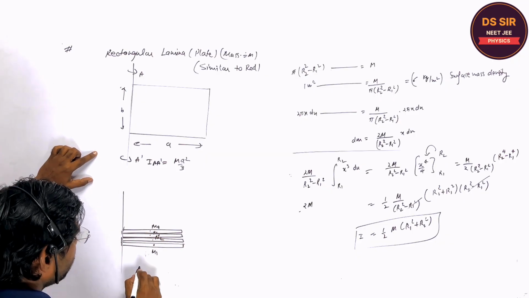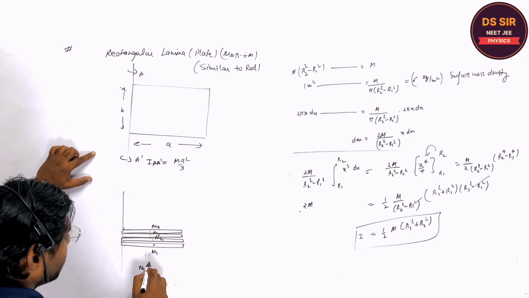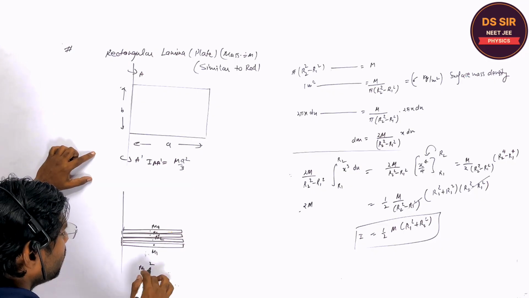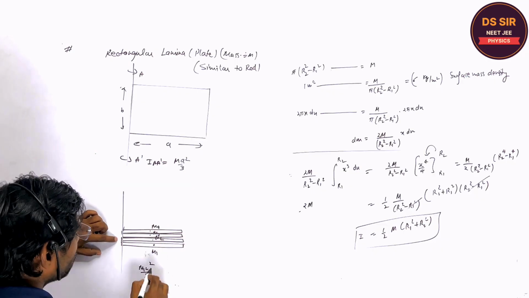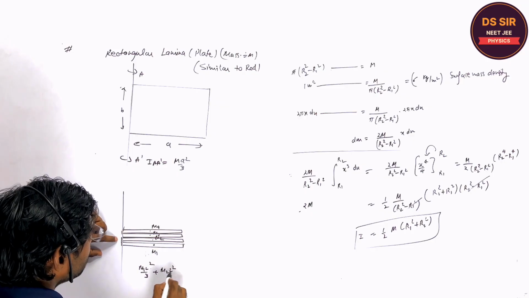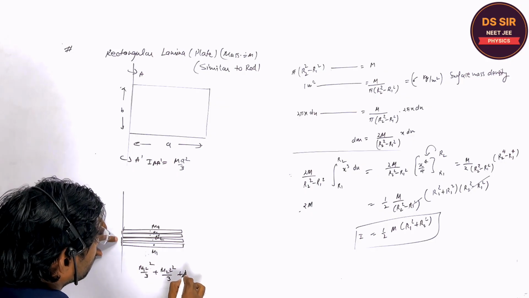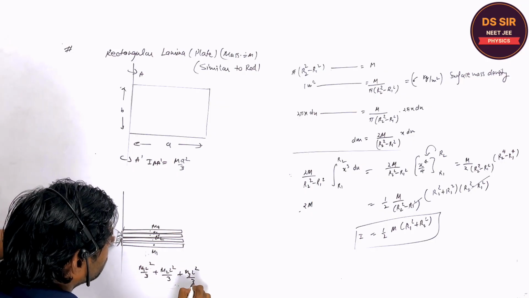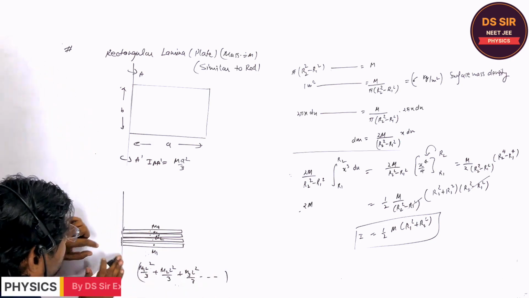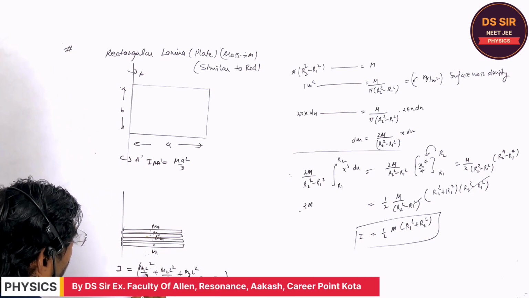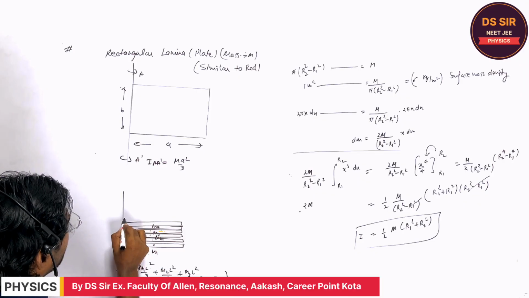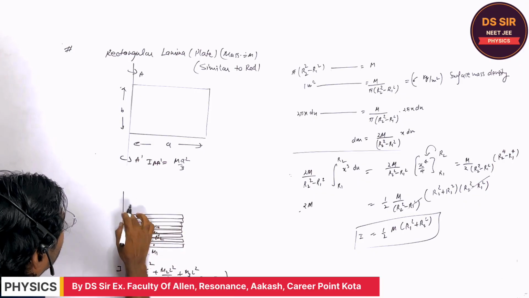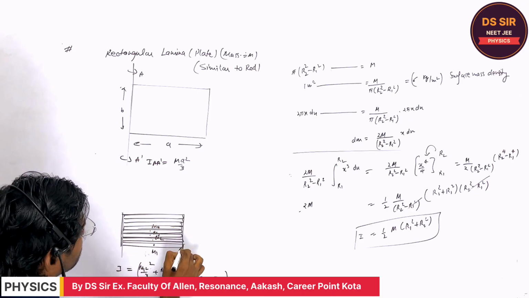What is its moment of inertia about one end? M L square by 3. Did you remember or forget? About one end, the moment of inertia for this rod is M2 L square by 3, and for the other rod, M L square by 3. Are you getting? So M1 plus M2. When many rods are placed over one another, they form what?